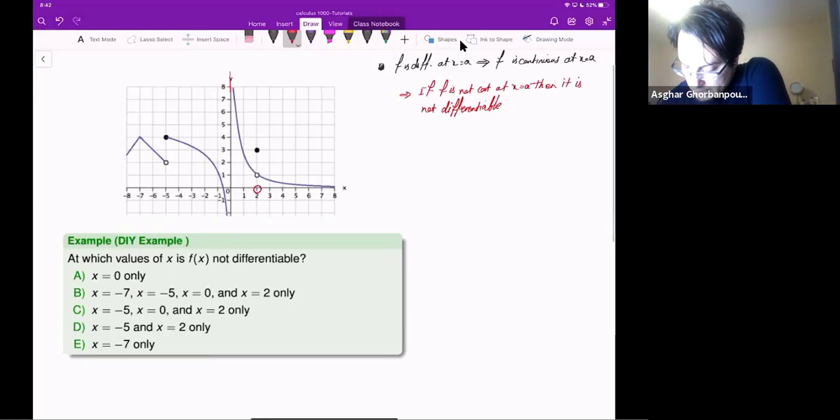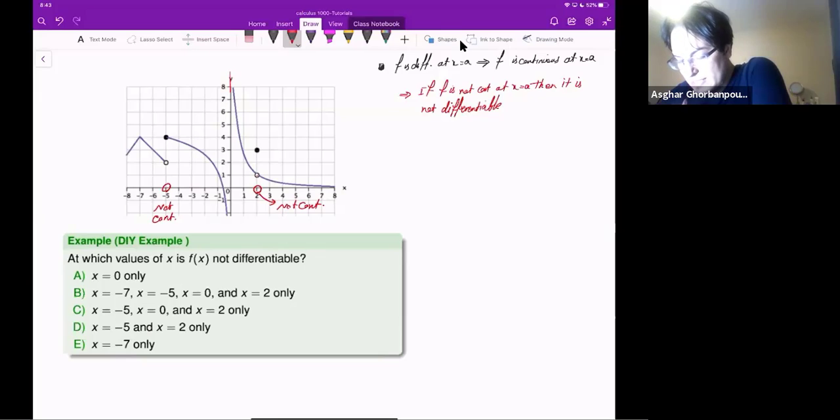See, at 2, the limit exists, but the value of the function and the limit are not the same. So this is not continuous. At -5, the right limit and left limit are not equal, so the limit does not exist. So it is not continuous.